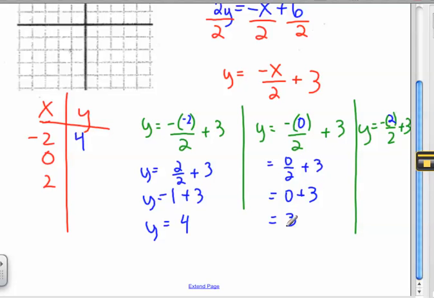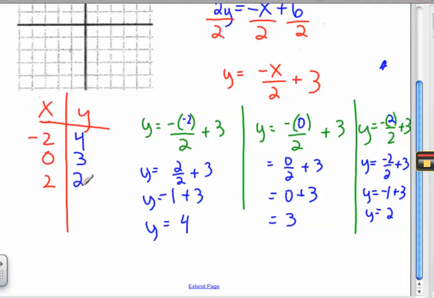Y is equal to 3. And then this last one, x is 2. Y is equal to -2 over 2 plus 3. Y is equal to -1 plus 3. Y is equal to 2.